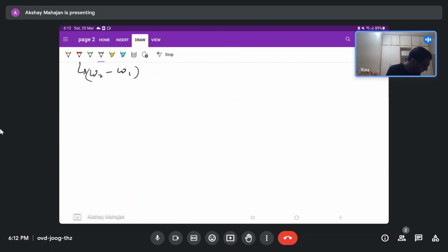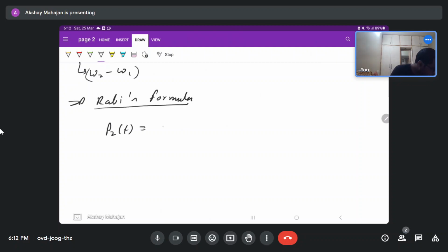For that, first we will write the Rabi's formula. P2 of t is equal to mod of C2 squared, and that is given by 4 times mod of B squared divided by omega squared, times sine squared of omega times t divided by 2.